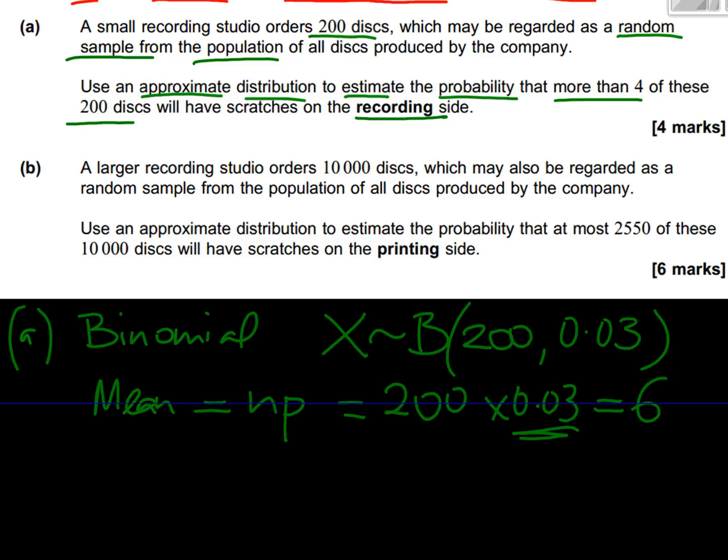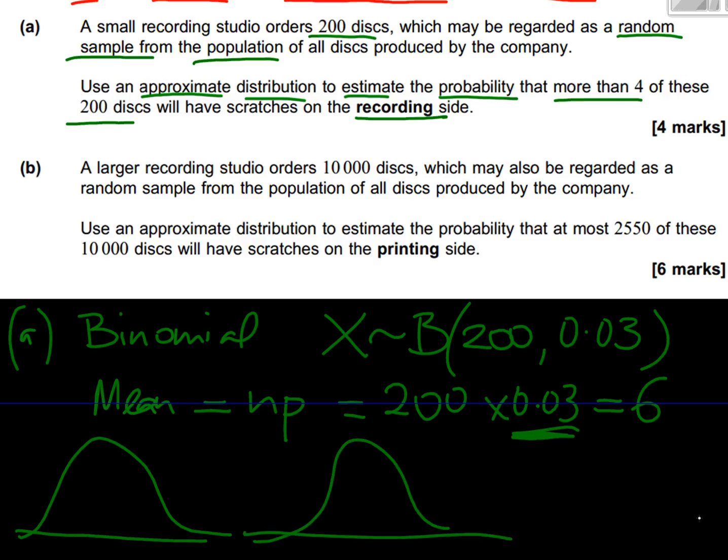Now this 0.03 is a very low probability. So if we think about the world of binomials, a binomial can be biased to one side, can't it? A normal is symmetric, and a Poisson tends to be quite biased like that.